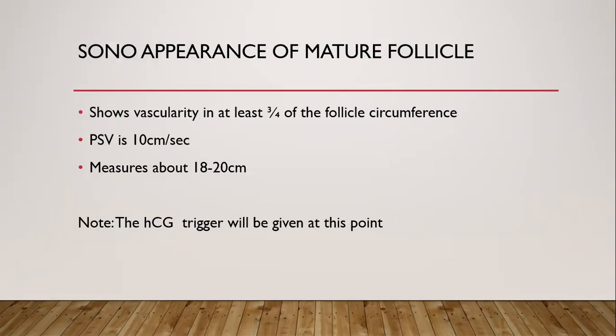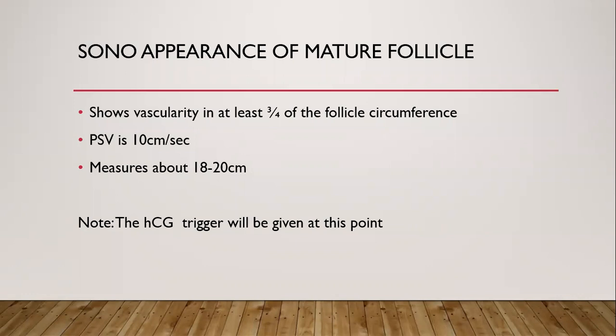We are almost done. So, sonographic appearances of a mature follicle. Now, assuming that you are evaluating your patient and you are somewhere around day 12, day 13, then they want to do an induction.